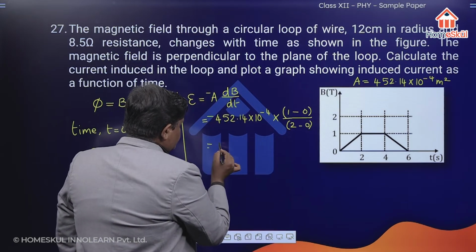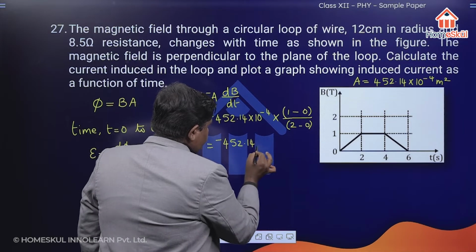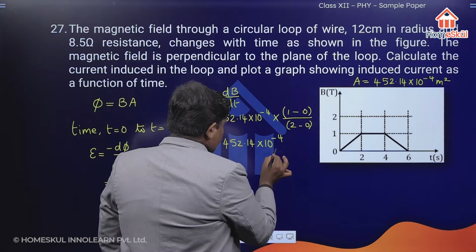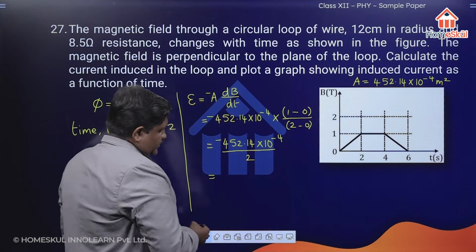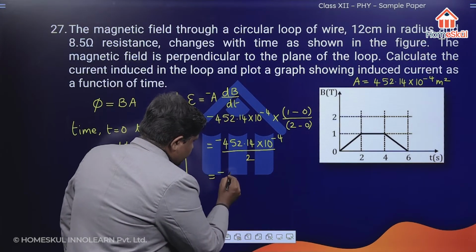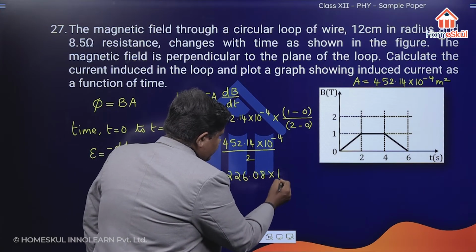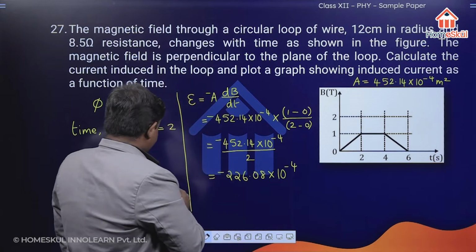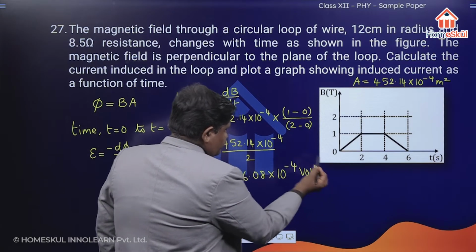That is equal to minus 452.14 × 10^-4 divided by 2. When we divide this, we get the value as minus 226.08 × 10^-4. Okay, that is this much volt.